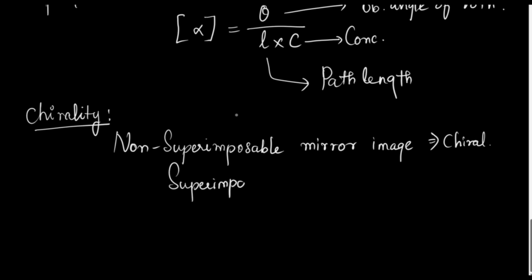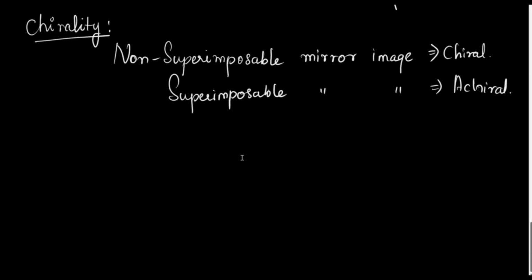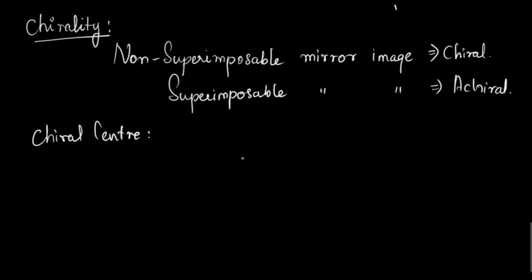So how can we find that? We can find the chiral center. What is a chiral center? A compound in which carbon is attached with 4 different groups, which is lacking symmetry, is called a chiral carbon or asymmetric carbon. Lack of symmetry.